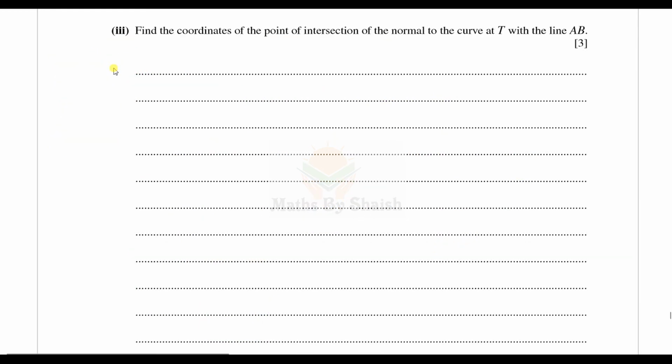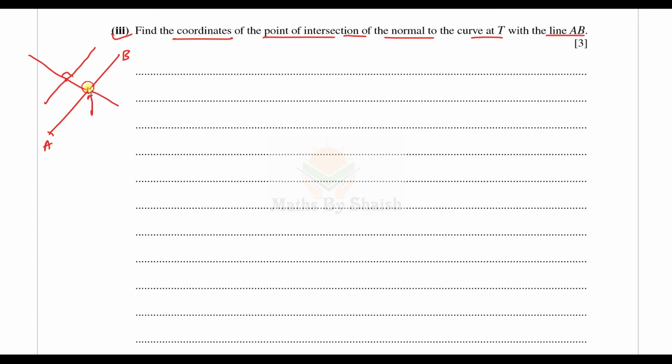Third part. Find the coordinates of the point of intersection of the normal to the curve at T with line AB. So AB is here, T is somewhere here, and if you draw a tangent and the normal to this, we need to find the coordinates of the point of intersection of these two.